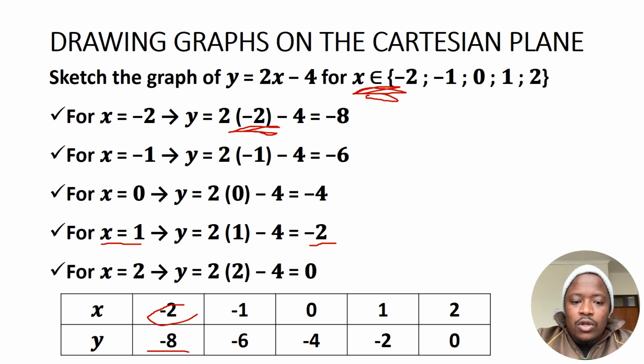If x is equals to negative 1, y will equal negative 6. If x is equals to 0, y is equals to negative 4. If x equals 1, y equals negative 2. And the last one, if x is equals to 2, y is equals to 0.